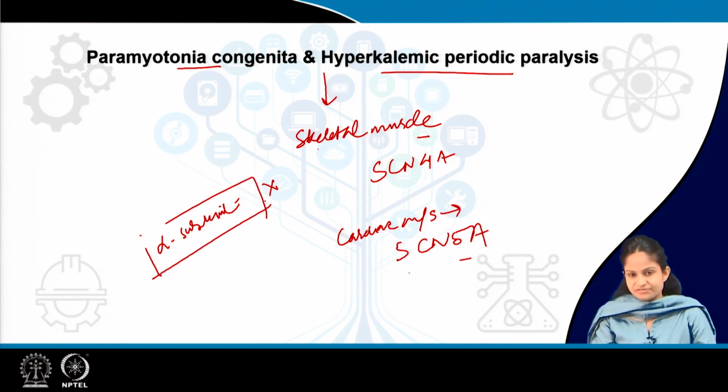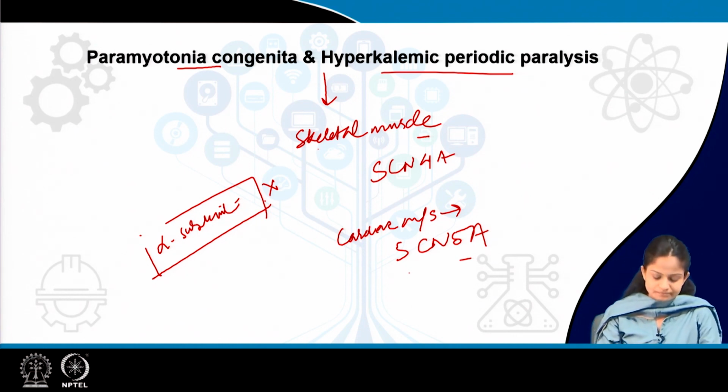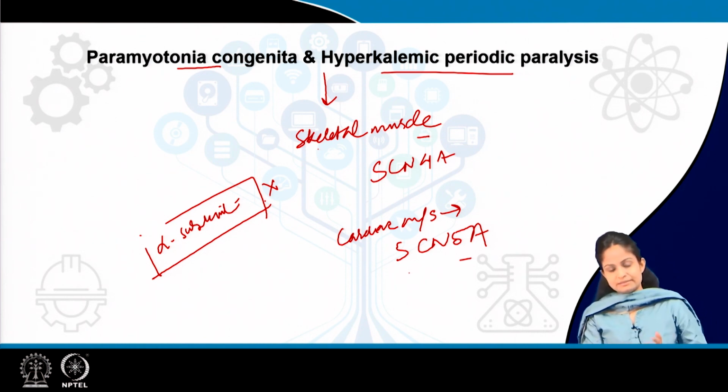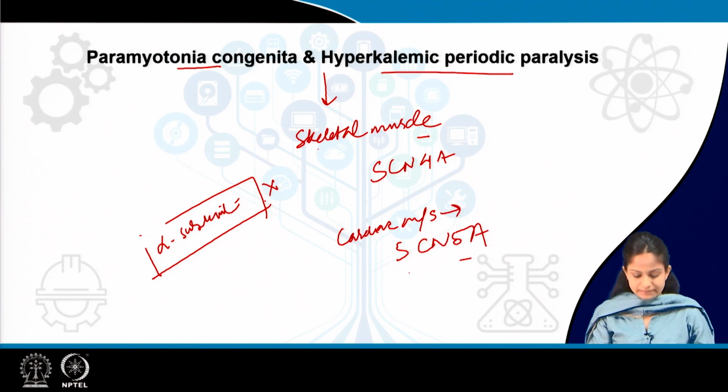The domains are different in the two conditions, but in both cases you have to remember that the alpha subunit of the voltage gated sodium channel gets disrupted. They mainly present with muscle weakness, and EMG studies usually could detect them.